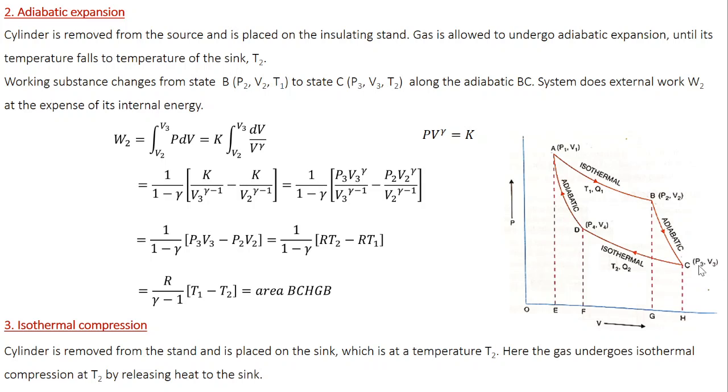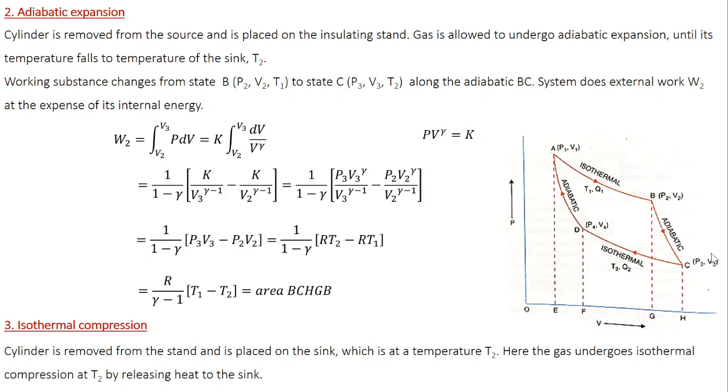So P3 V3 is this point which is associated with a temperature T2, so instead of P3 V3 I can write RT2. Similarly, P2 V2 is this point which is associated with temperature T1, so instead of P2 V2 I can write RT1. So when you take R outside and interchange the signs, you get work done equal to R divided by gamma minus 1 into T1 minus T2. So this is exactly the result we had derived in the previous class.